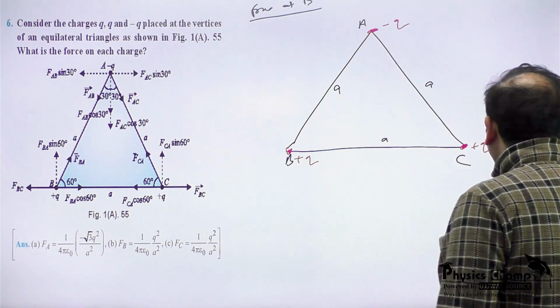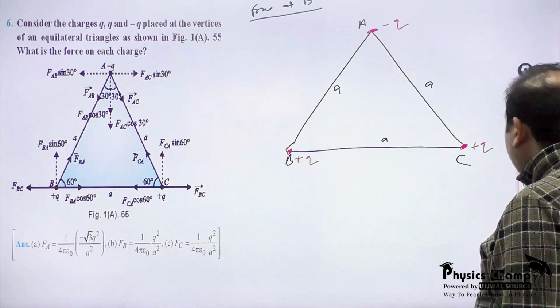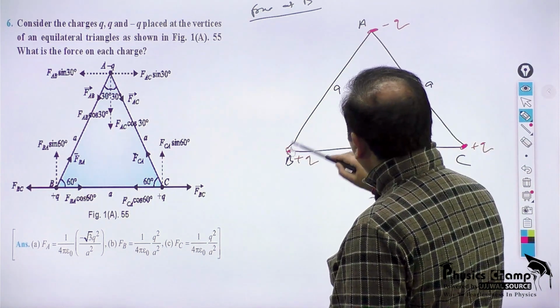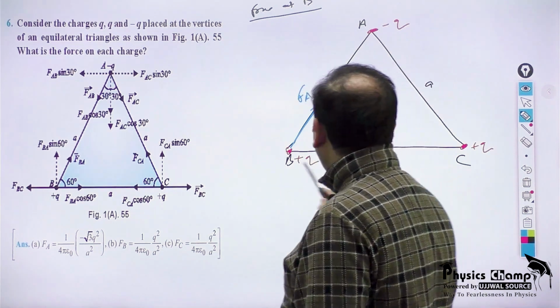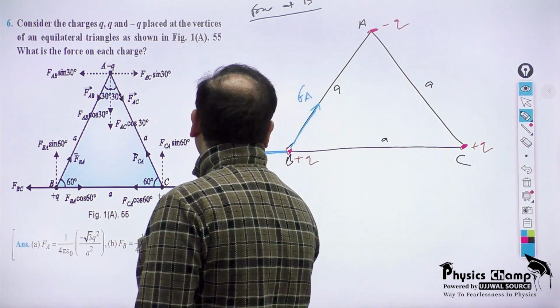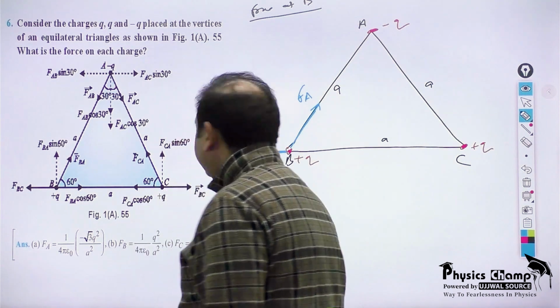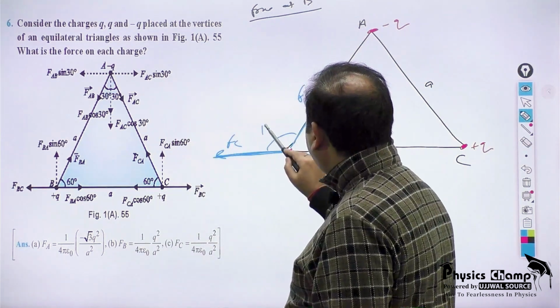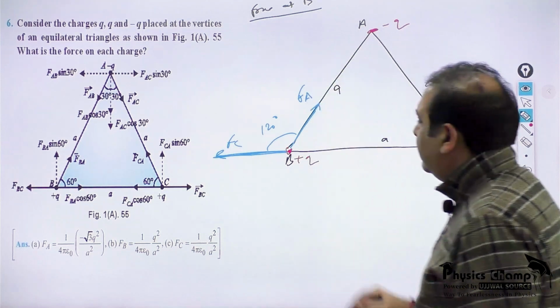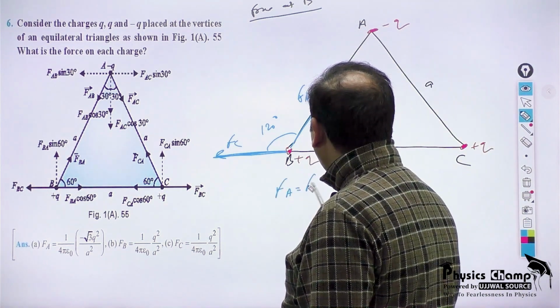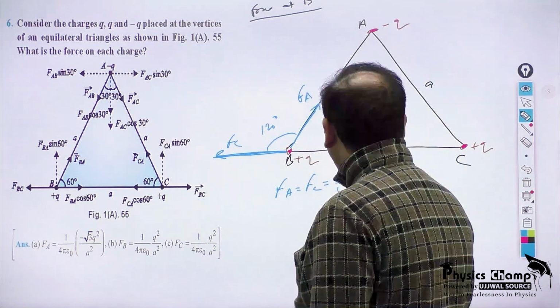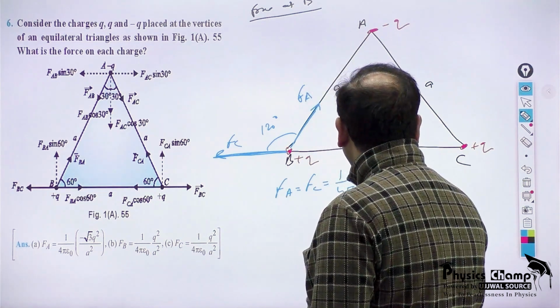So when you are looking for the force at B, on one side there is going to be an attraction, FA, and on the other side there is going to be a repulsion, which is FC. Angle between them is 120 degree. Now FA and FC will have the same magnitude, 1 by 4 pi epsilon naught Q square by a square.